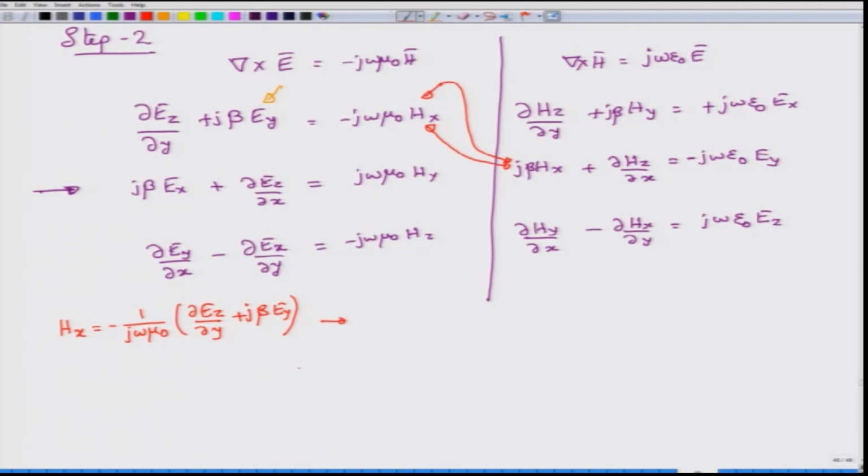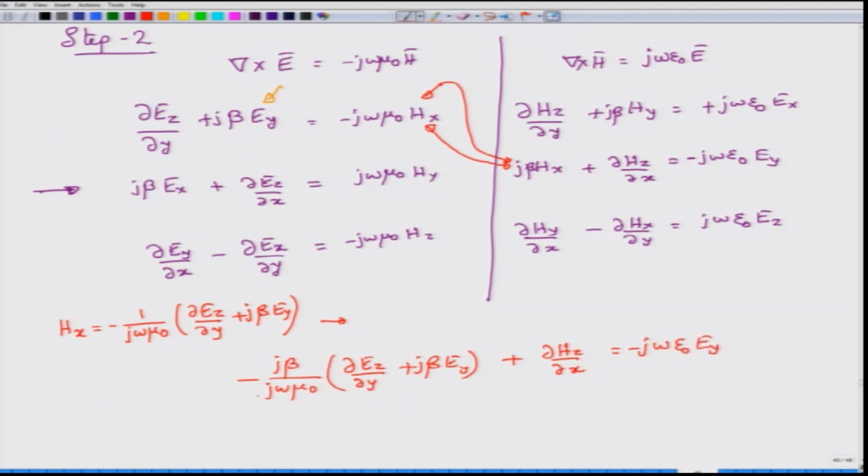So, what you get for the second equation on the right hand side is j beta times minus j omega mu naught del E z by del y plus j beta E y, which covers the first part, plus del h z by del x equals minus j omega epsilon naught E y.